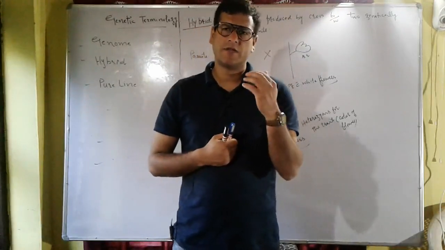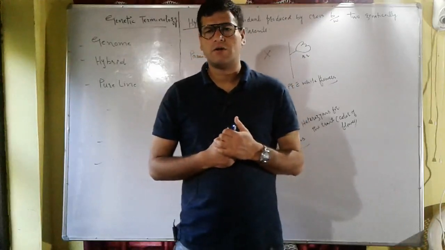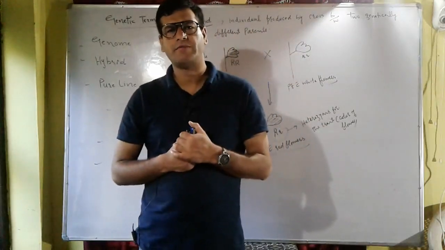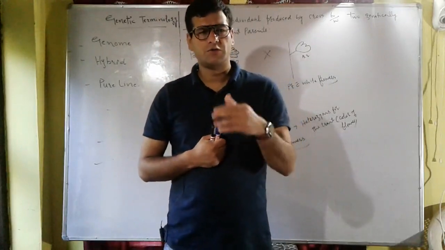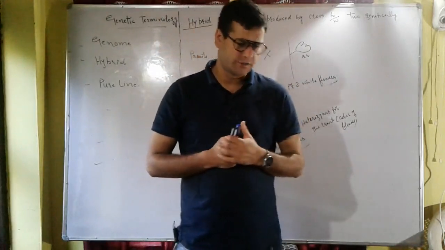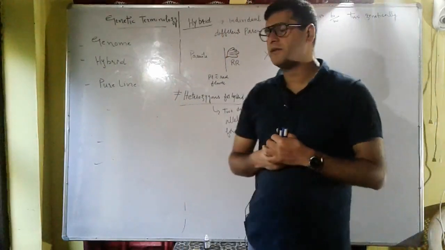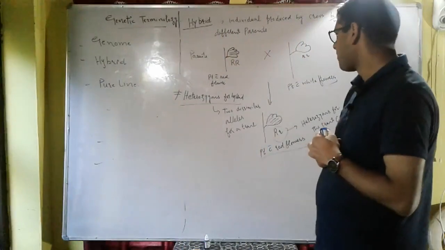That means the hybrid individuals are better or superior as compared to their parents. This is called hybrid vigor or heterosis. These hybrids can be superior to their parents in one or more characteristics. So hybridization is a technique to get hybrids in the case of self-pollinated plants.